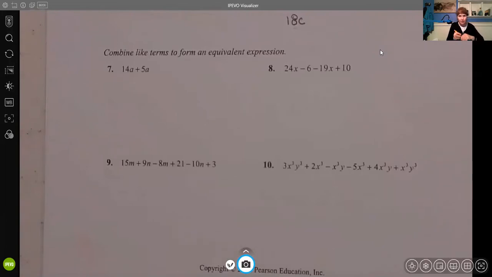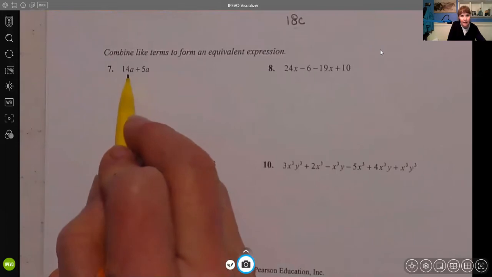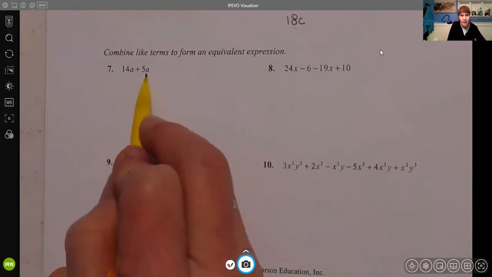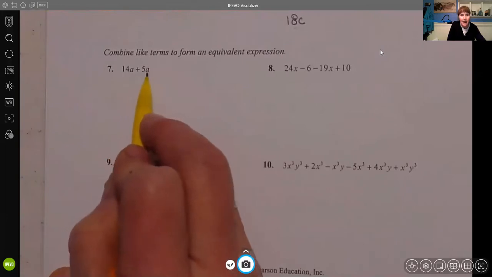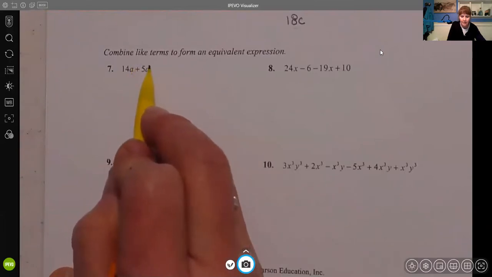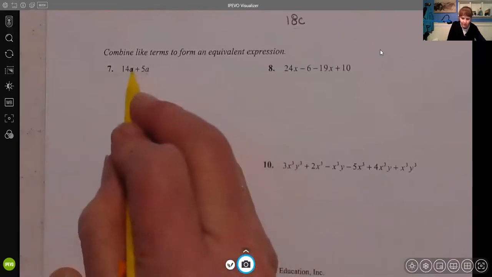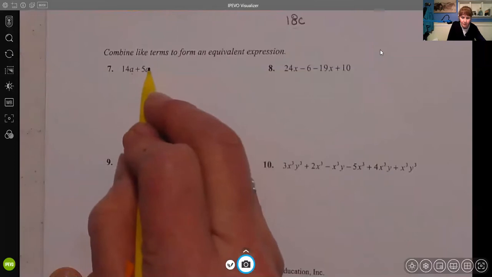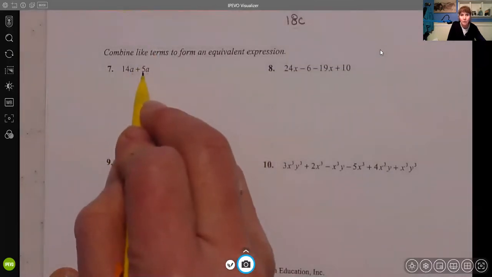So let's look here. We have two terms, 14a and 5a. They are like terms because the variables match. Not only do the variables have to match, but also the degree or the exponent has to match too. So if they are a perfect match, a to the first, then you can combine the numbers in front, or what we call the coefficients.